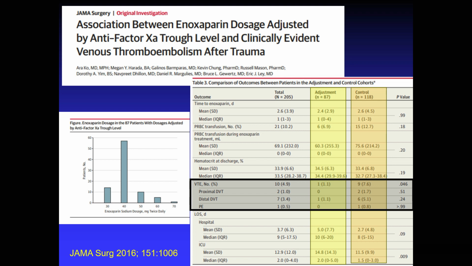I think an important observation from this experience is that very few patients required greater than 60 BID of enoxaparin. We'll emphasize this again later on, but it's worth taking a pause to look at this, because based on this literature, we're going to see that there's a recommendation in some of the guidelines for heavier patients dosing up to 0.5 milligrams per kilogram BID.